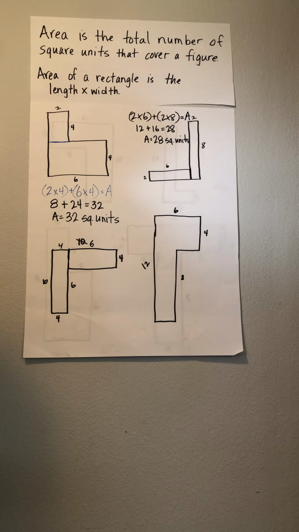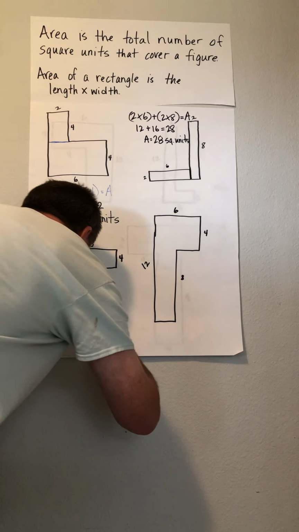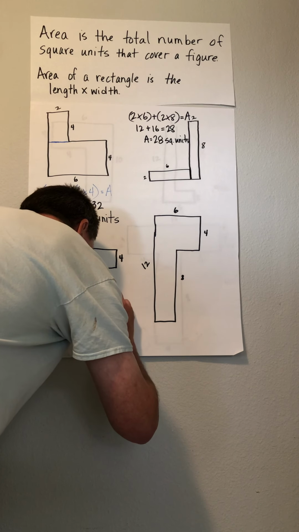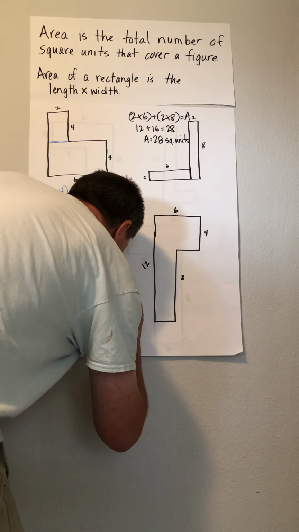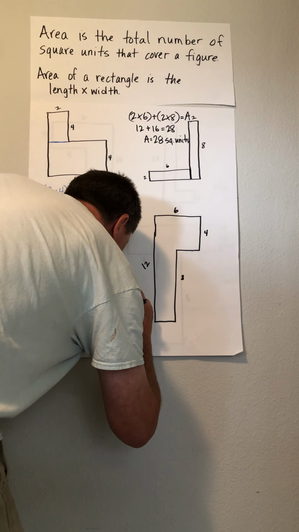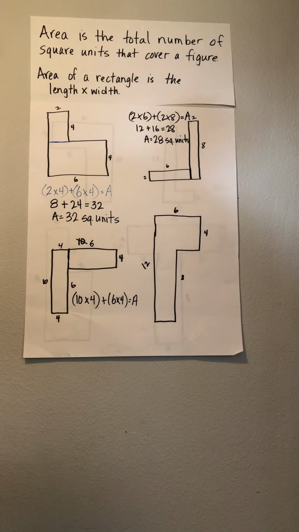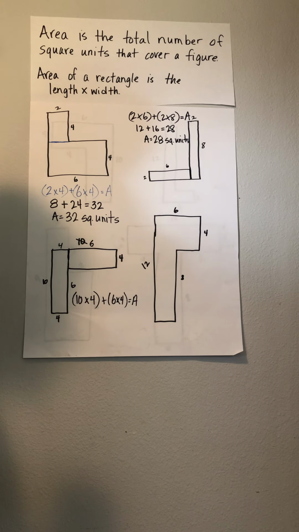All right, so 10 times 4 plus 6 times 4 equals the area. Okay, so 10 times 4 is 40.